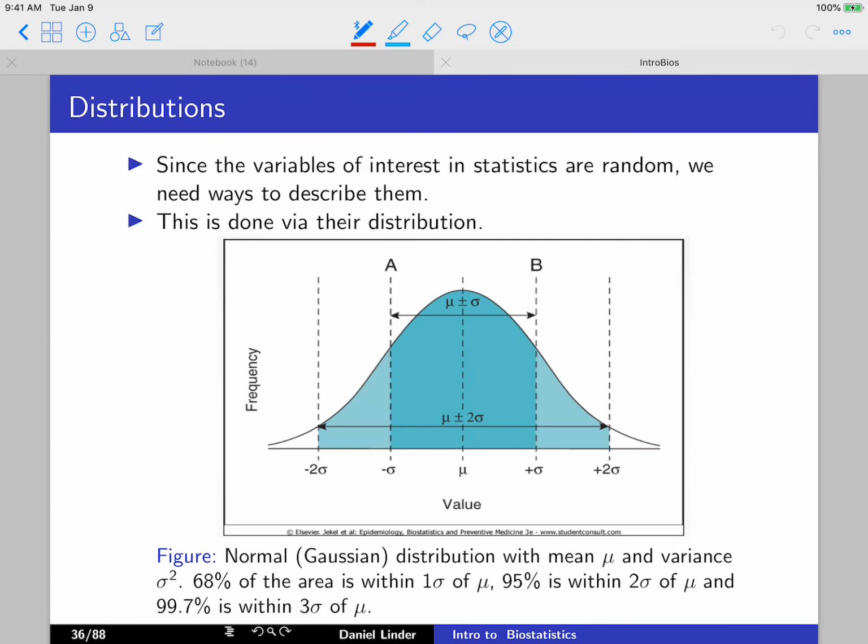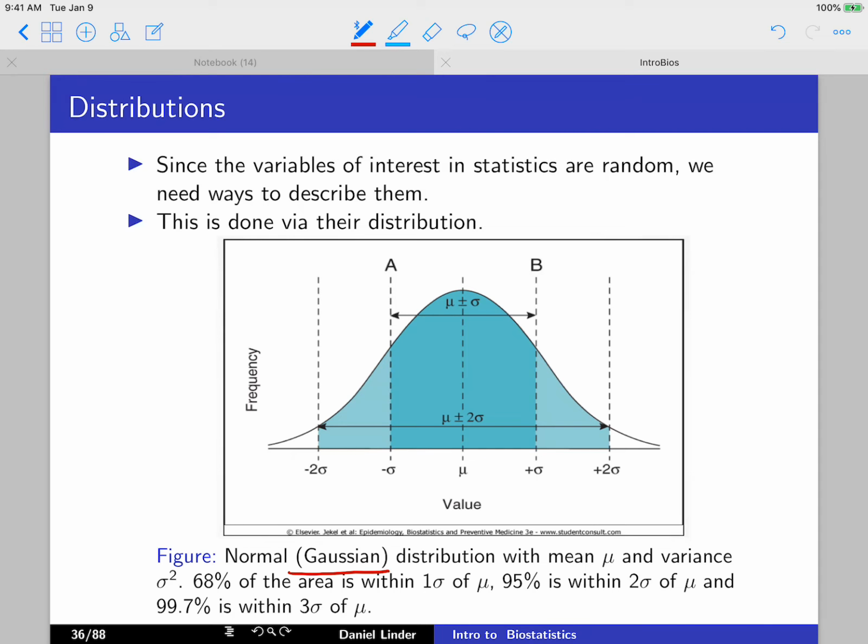So what I have here is a schematic or a picture of one of the most common distributions in statistics, and this is the so-called normal or Gaussian distribution, and it's named after Carl Friedrich Gauss, who described this distribution.